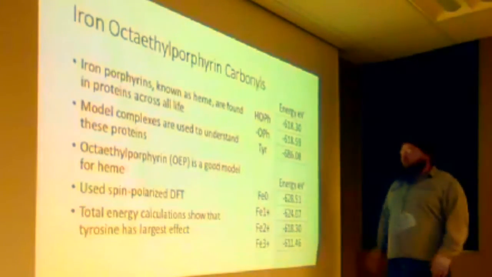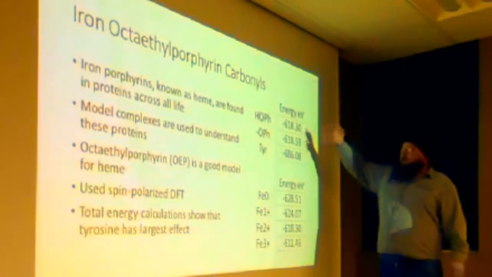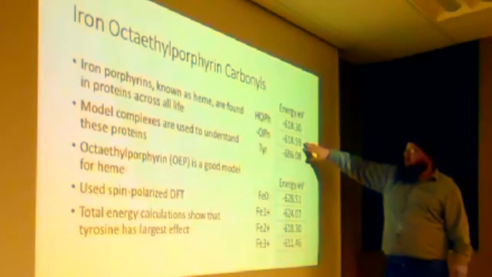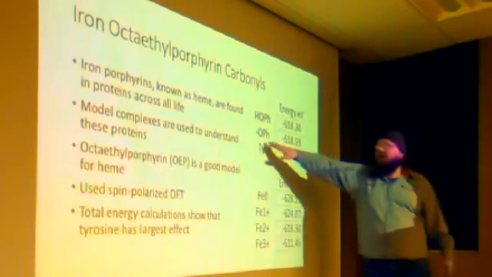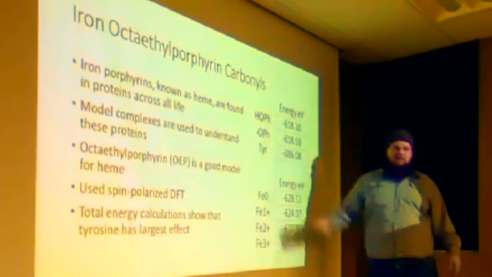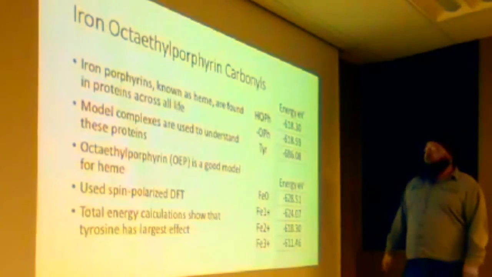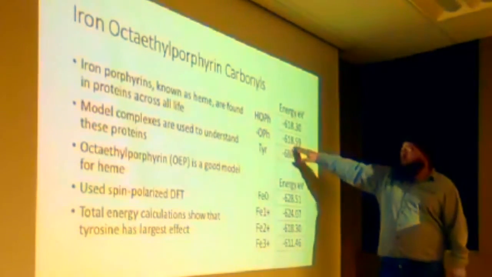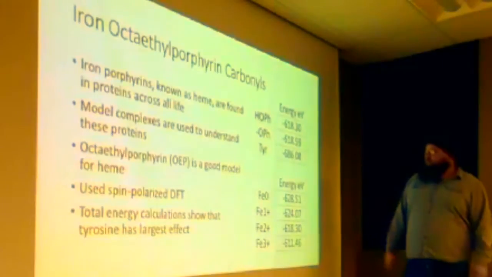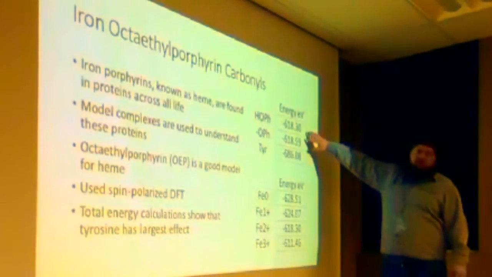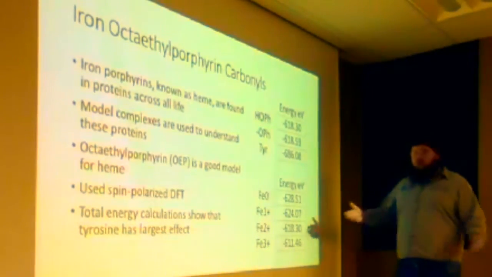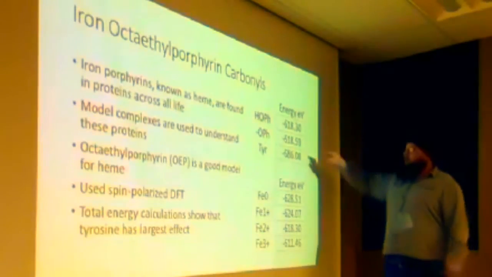It's easier to calculate that way. So, phenol, and then if you change it to phenoxide here, so take away the proton, you have a formal negative charge on the oxygen, you can see that it's basically identical in total electron energy.